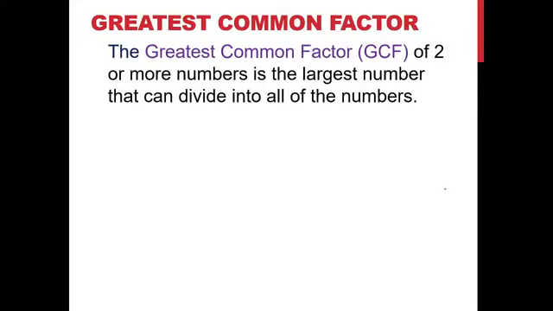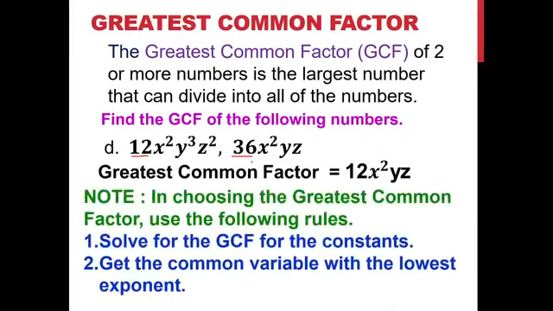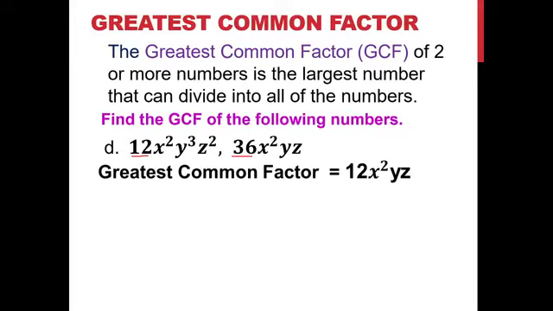Now this time, let's combine both variable and number constant. So we have here, find the GCF of the following numbers. 12 and 36. 12. Correct. For x squared and x squared, it's x squared.